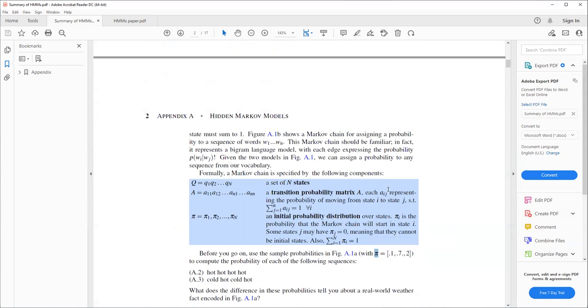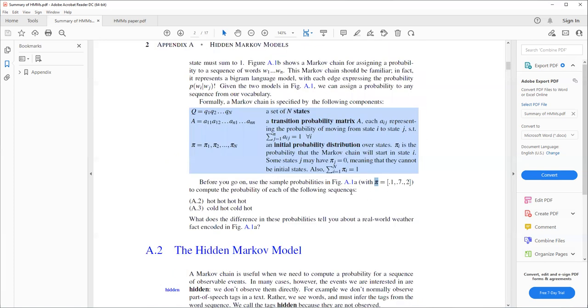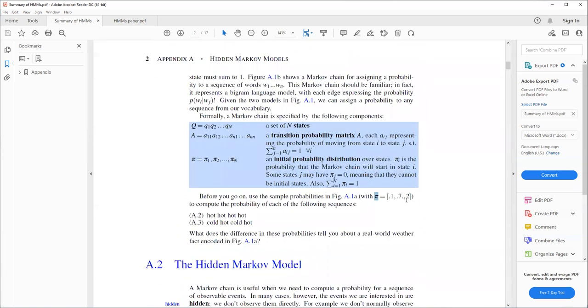So 0.1 for the first state, which is hot, for cold we have 0.7, and for warm we have 0.2, right? So with these probabilities, which is the initial state distribution.